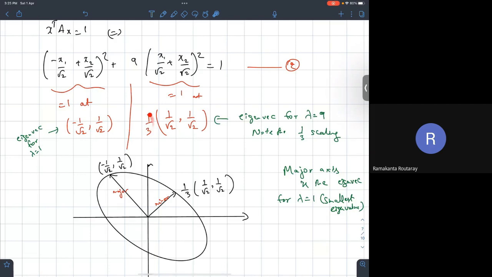This 1 by 3 came here because 1 by 3 squared has to cancel the 9 so that I get the 1 eventually. So you get the normalized eigenvectors, whatever you had. But this scaling is essential because there is a hidden 1 here. There's 1 times this and 9 times this. For the smallest eigenvalue, I didn't have to scale anything. So the major axis is B.